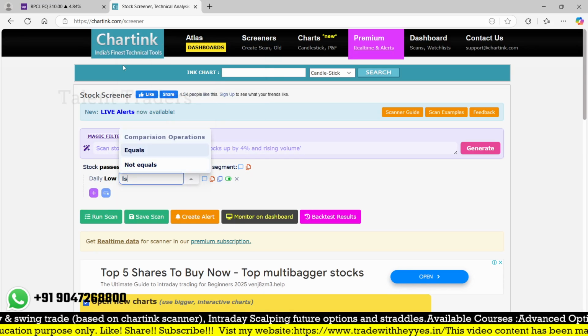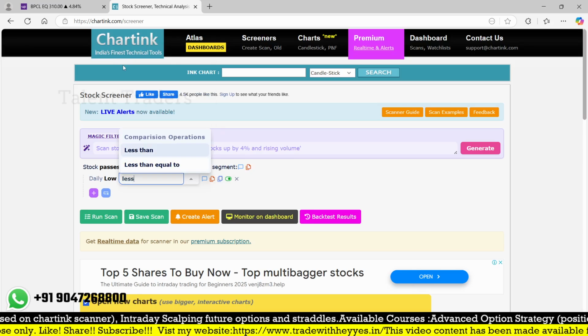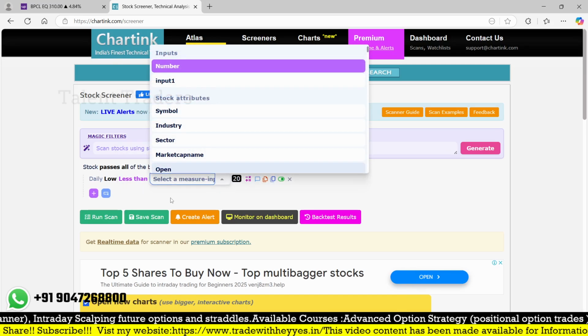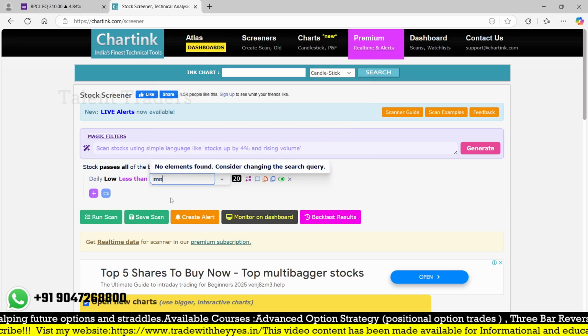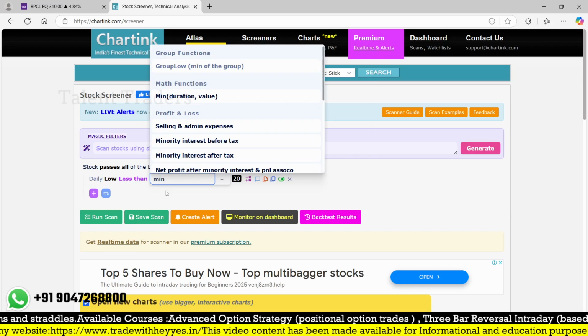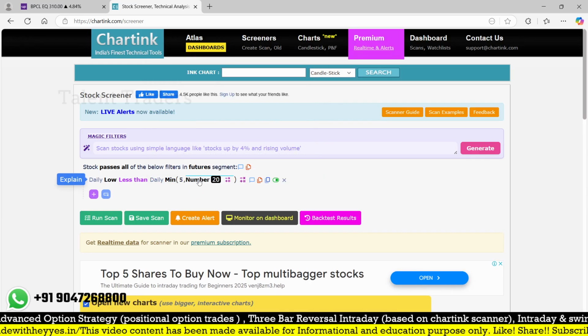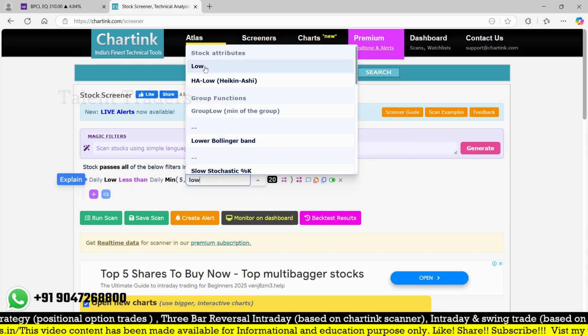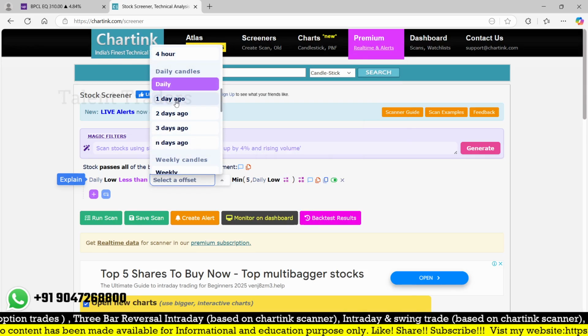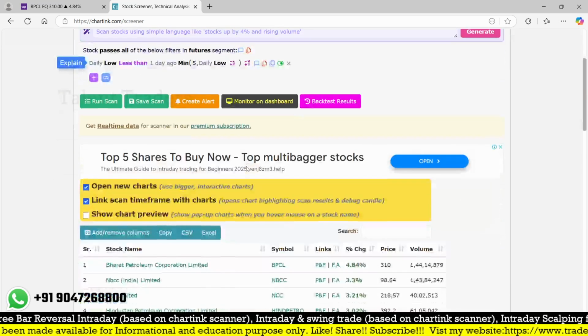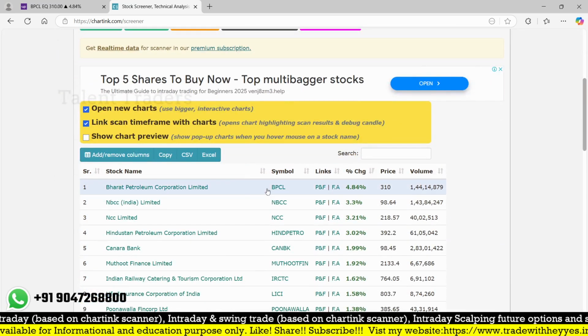We are looking for lows on the downside after the movement. For the minimum duration, I'm looking for 5 days. So 5 days low, and 1 day ago. What it says is that today's low must be the lowest of the last 5 days.